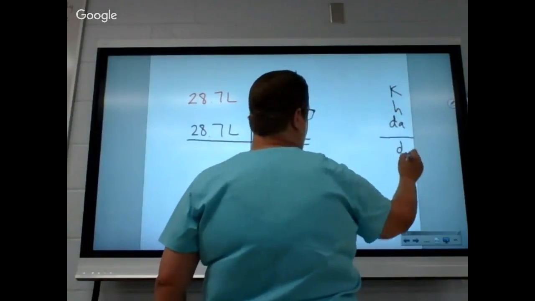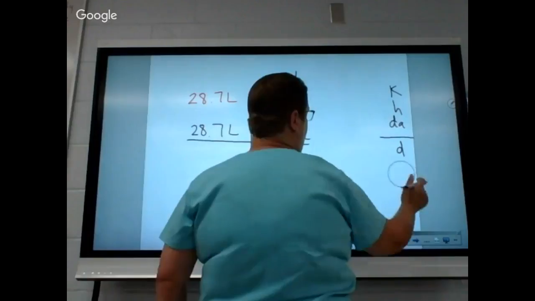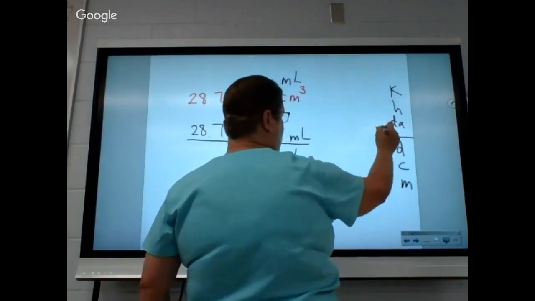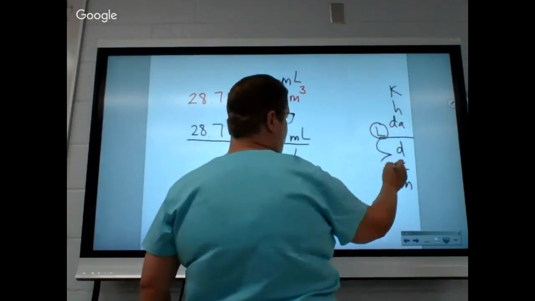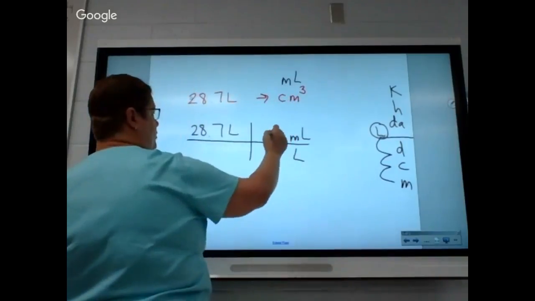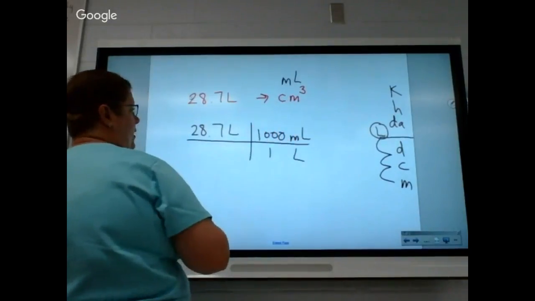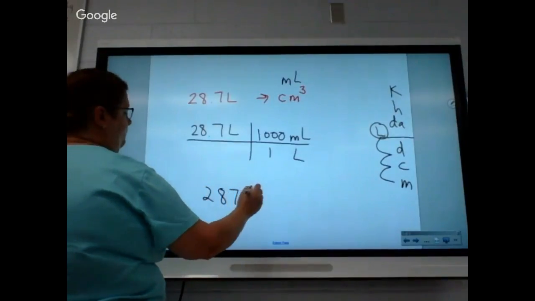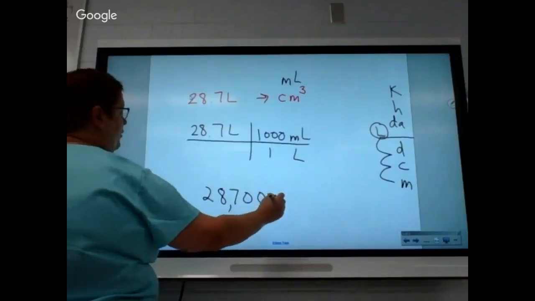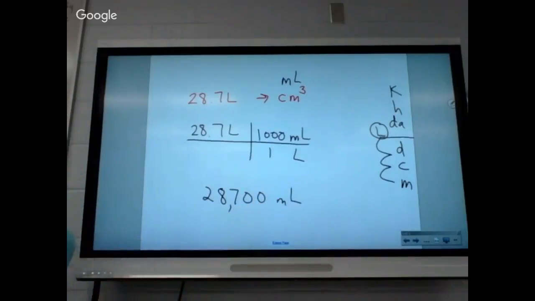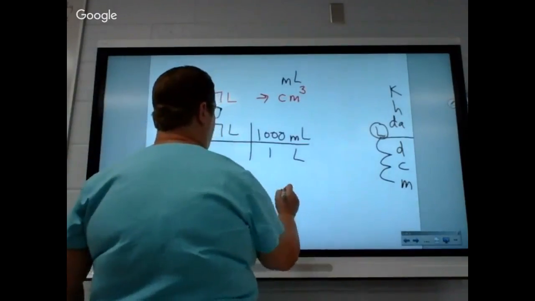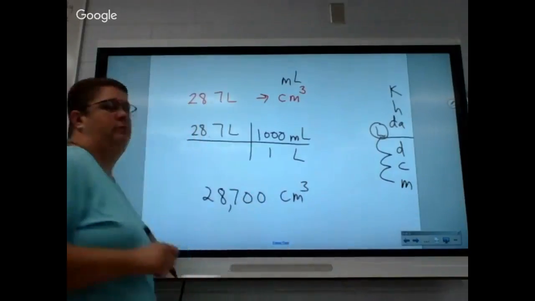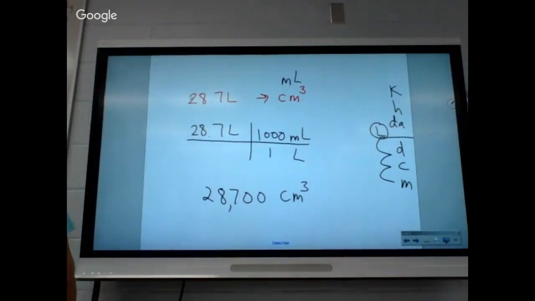Yep. So liter is here on the baseline, and we're going to milli. So 3 spaces. So 1, 2, 3 zeros. And so what am I doing to calculate this time? 28,700 milliliters. Questions? What if you centimeters cubed? Oh, yeah. And you should, because that's what I asked for, was centimeters cubed. I did the same. Any questions?